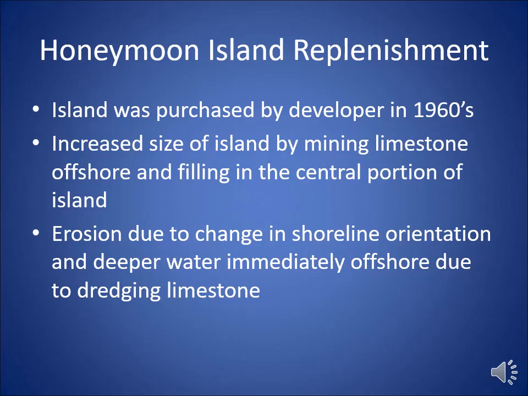So if we go back in the past, originally Honeymoon Island and Caladesi Island were all one island, and it was called Hog Island. And prior to the 1920s, there were some people who settled on Hog Island and farmed out there.